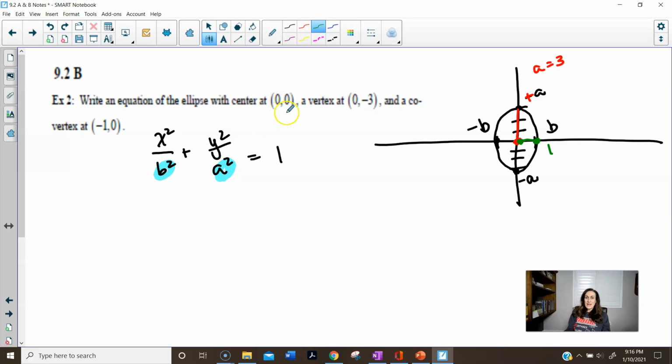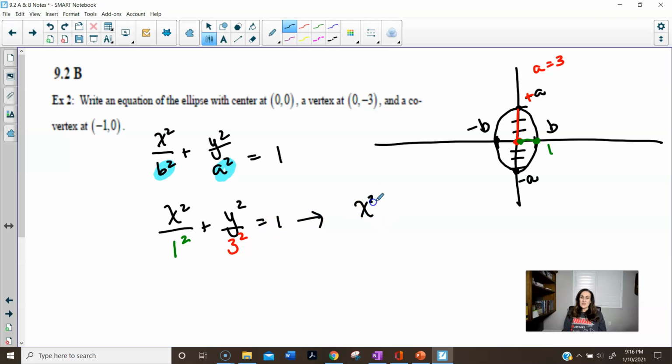So ready to write the equation. Here we go. X squared over b, b is 1, so we'll put that in as 1 squared, plus y squared over a. A is 3, the distance from the middle to a vertex is 3. So that will be 3 squared, is equal to 1.